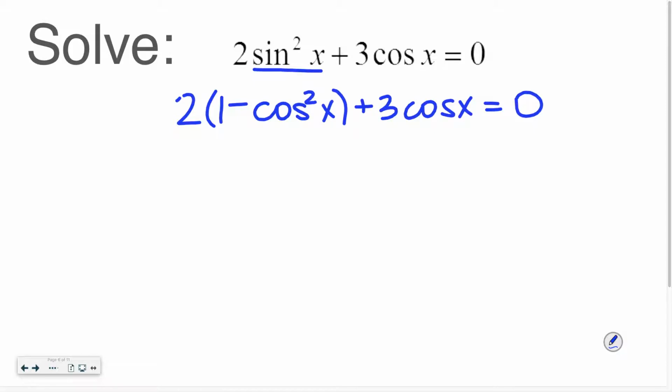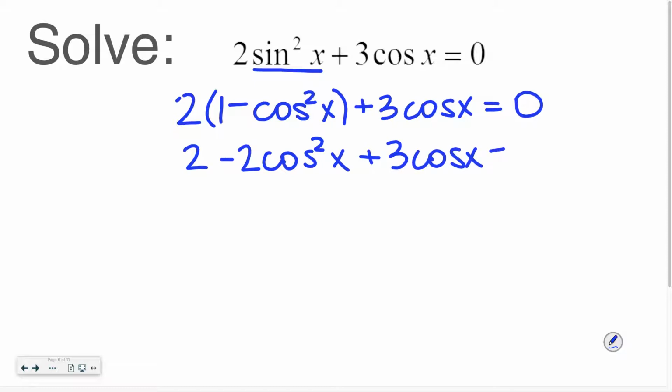Now we have an equation that involves all cosines. So we have 2 minus 2 cosine squared x plus 3 cosine x equals 0.